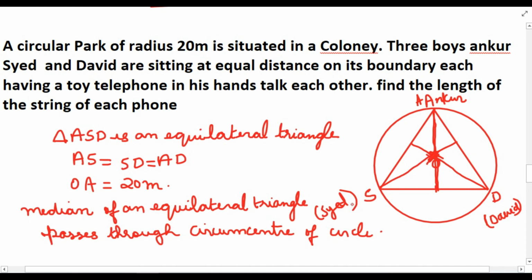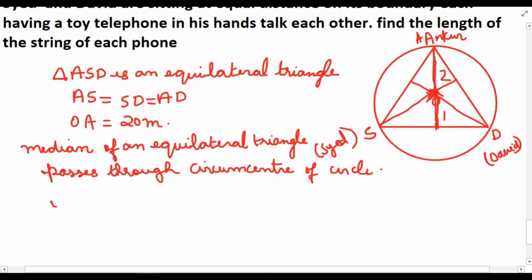We also know that the centroid of an equilateral triangle divides the median in the ratio 2:1. So if OA is 20 meters, and I name this point B, then OB will be 10 meters.